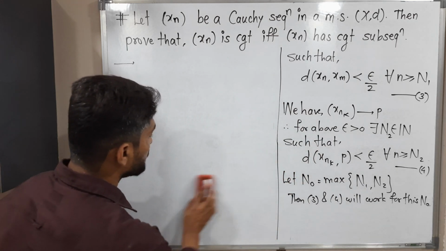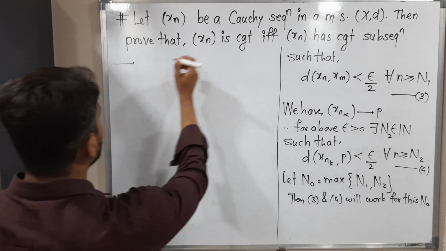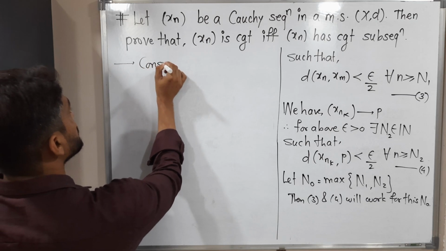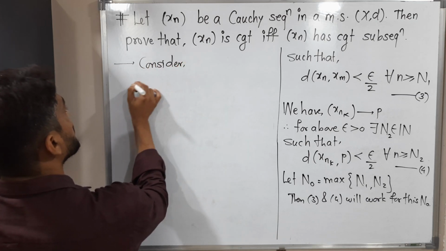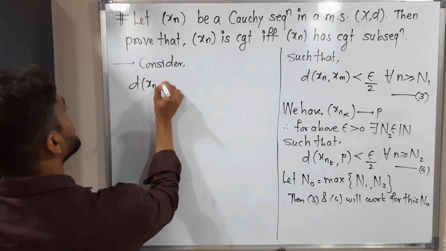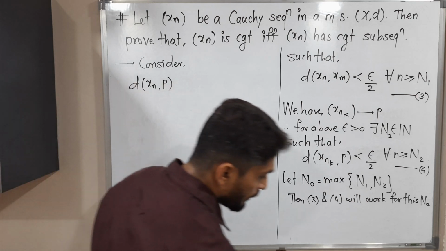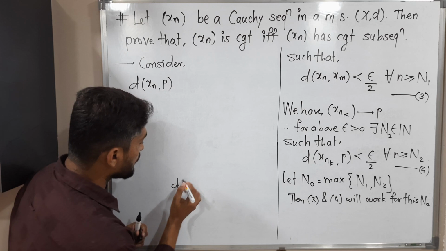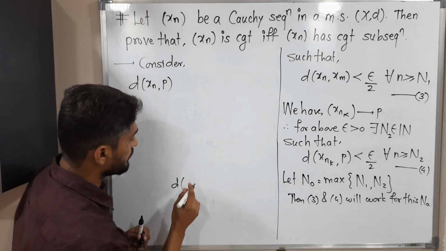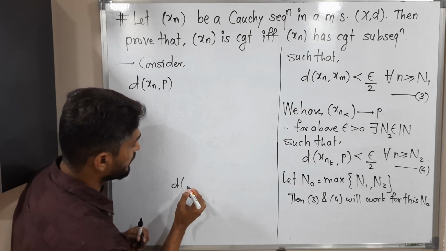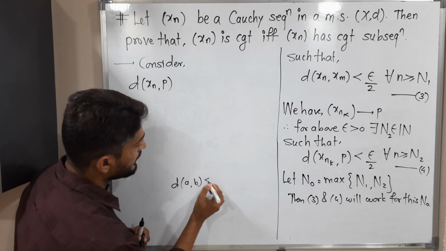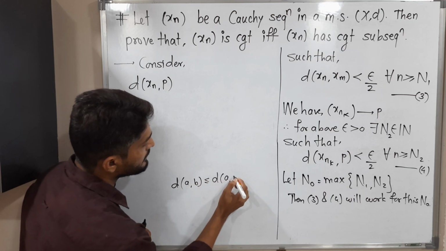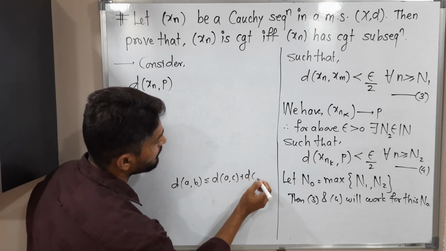Let me remove this one. So consider d of xn p. Okay, do you remember triangle inequality? This is one of the definitions of a metric. d of AB is less than or equal to d of AC plus d of CB.